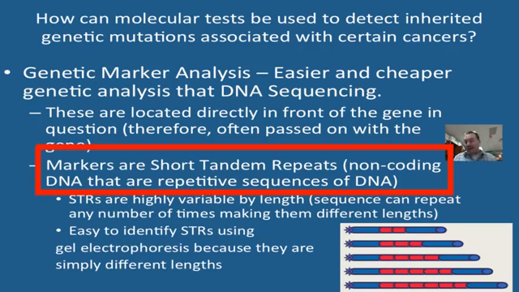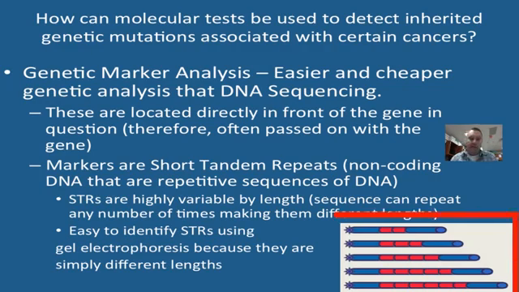These are very highly variable in length, so therefore you're going to get different sizes of these fragments, and that's perfect for gel electrophoresis. Now, if you look down here in this graphic in the lower right-hand corner, the STRs, or the short tandem repeats, are in red, and as you can see, we have different numbers of these repeats and therefore different sizes of fragments, so it looks perfect for gel electrophoresis.